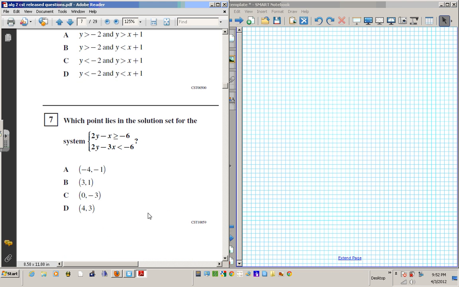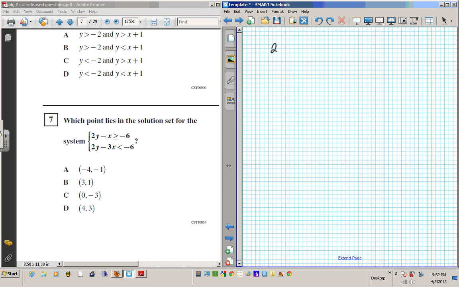It says, which point lies on the solution set for the system? They gave you 4 points. So we have 2y minus x is greater than or equal to -6, and then 2y minus 3x. This is a system of inequalities.